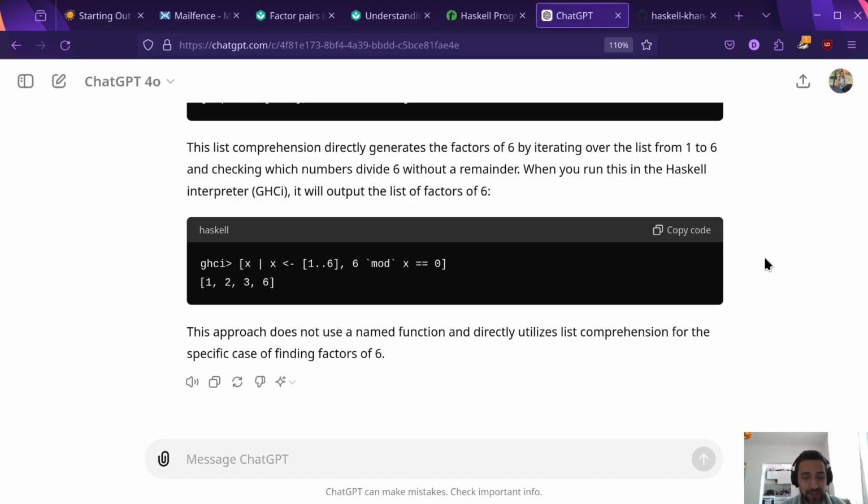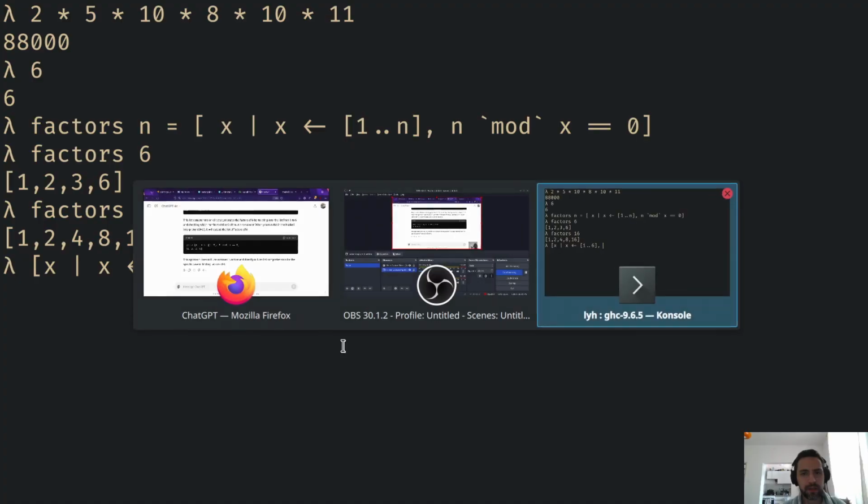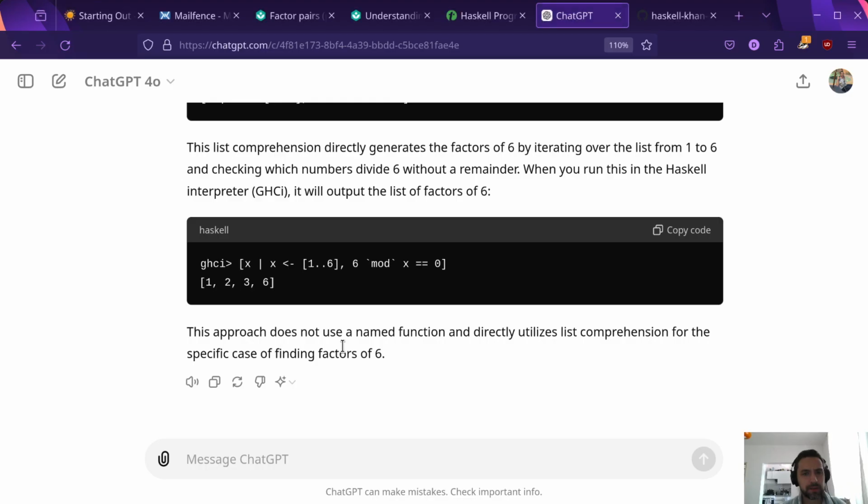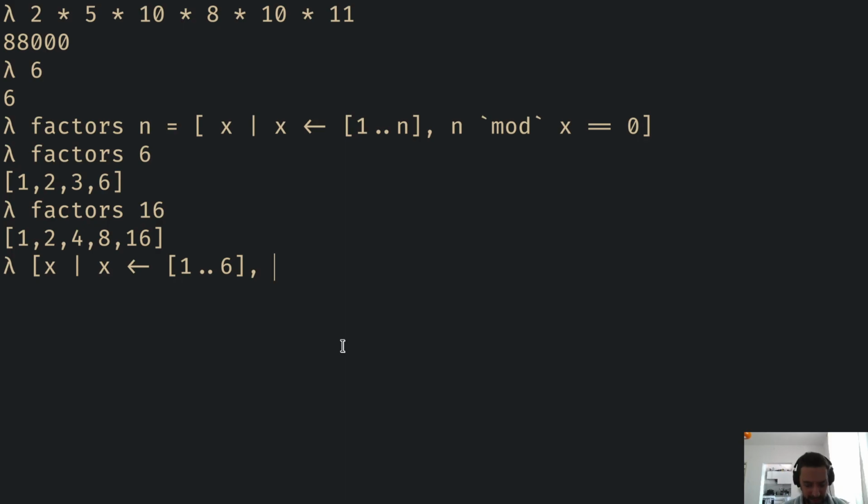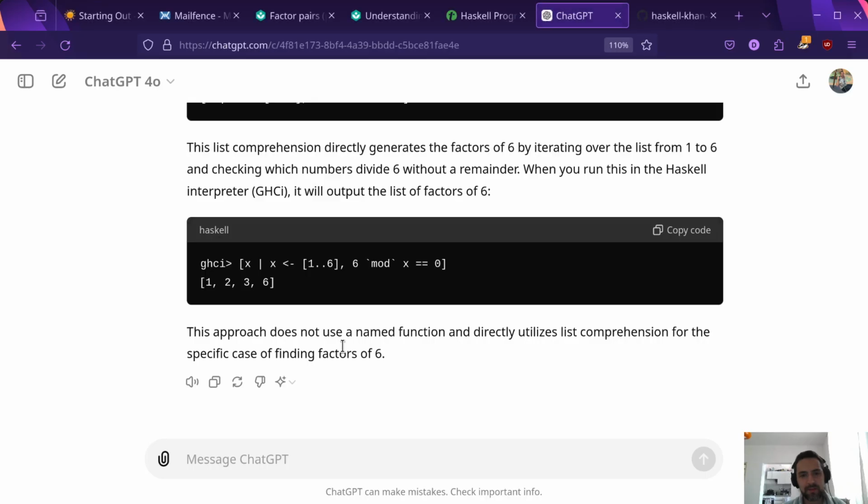So 6 itself mod x is 0. But what is the x?